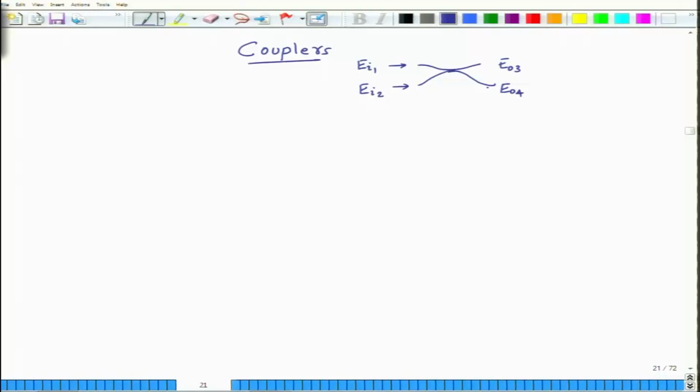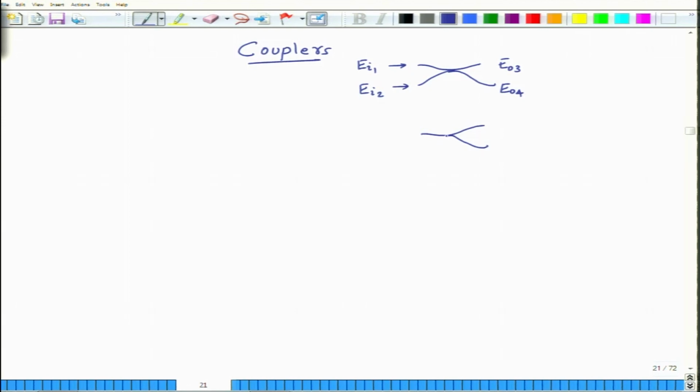We are not going to look at the pump WDM couplers, but rather at those couplers which are used to combine or split signals in the 1550 nanometer band. So all this discussion of couplers will be restricted to these couplers only. In that band, these couplers in general have two input ports and two output ports. Of course, you may also find couplers which have only one input port and two output ports.